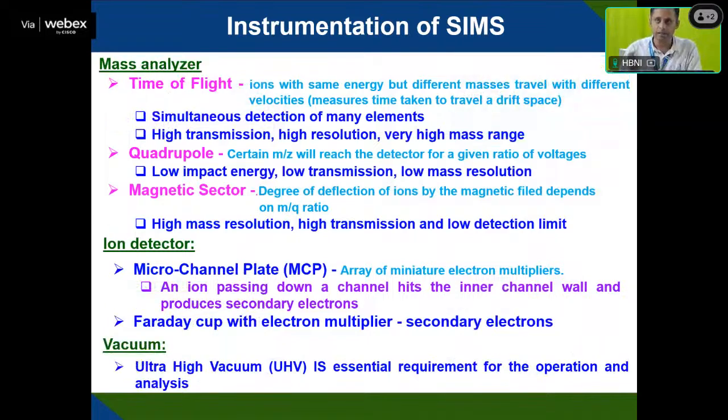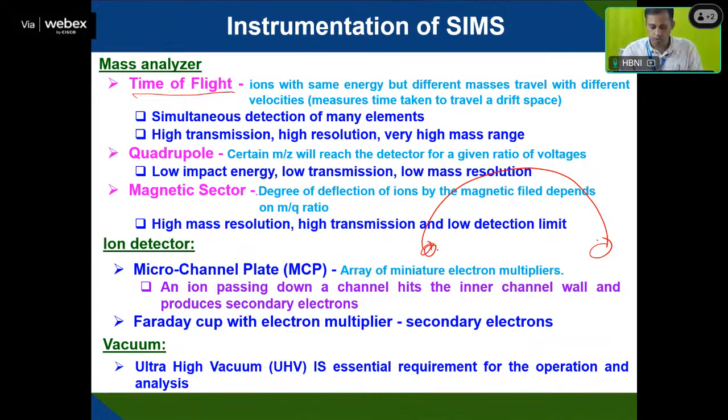Then you have a mass analyzer, which depends mainly on 3 types. The first is time of flight. Ions generated with the same energy but different masses travel with different velocities, so you can measure the time taken to travel a drift space. It is generated from here and the detector is here, and it goes along a hemispherical pathway.